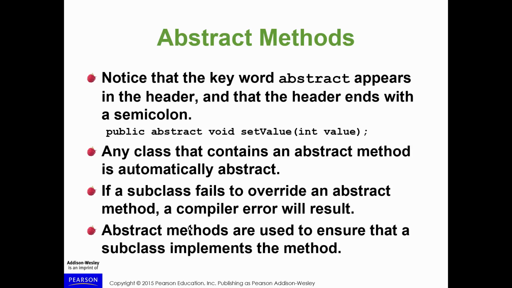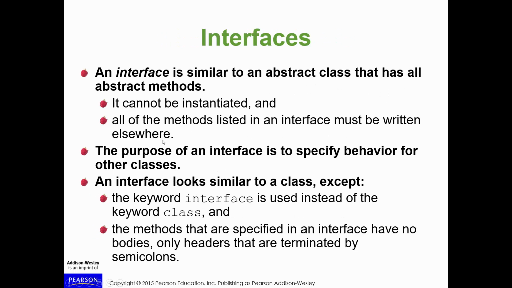There is no body to this method. What that means is any class that is derived from this class must have a set value method in it. That's exactly what it's saying.